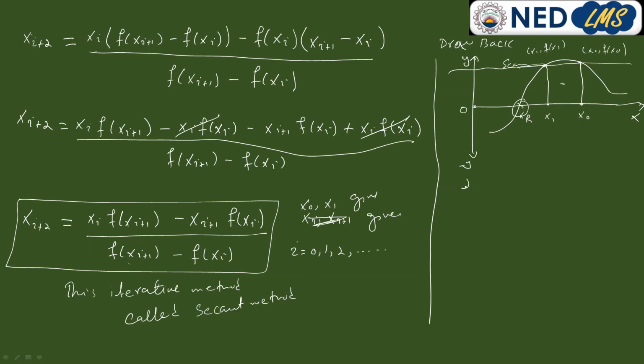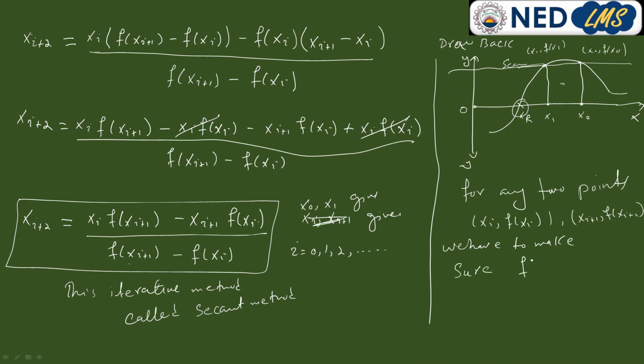So for any 2 points xi, f of xi, comma xi plus 1, comma f of xi plus 1, we have to make sure that f of xi is not equal to f of xi plus 1.